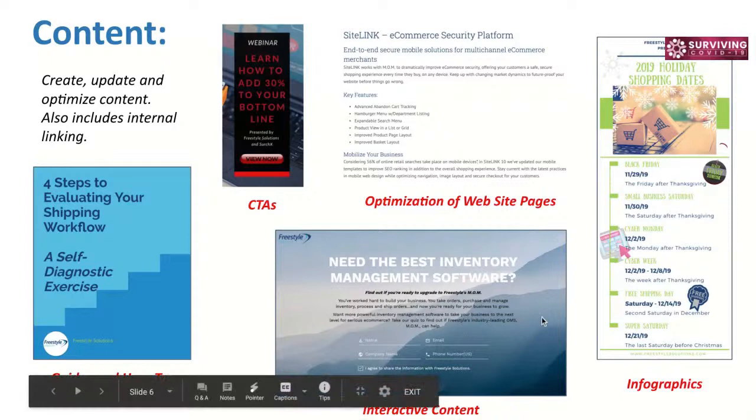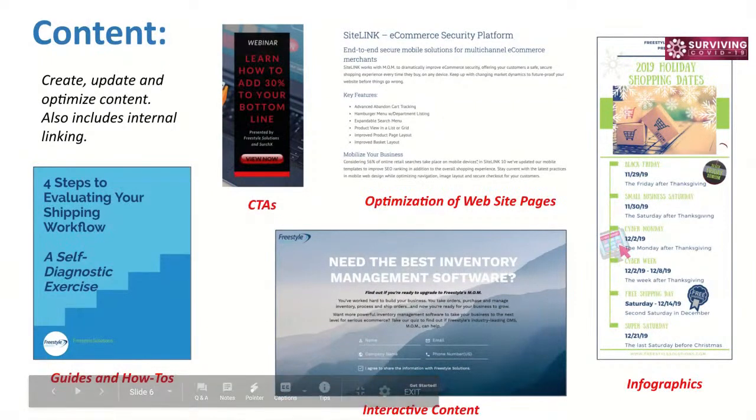Another thing that we recommended for this client is interactive content. So we created a quiz that people can get to on their homepage, and it's basically asking people if they're ready to upgrade their inventory management software. This particular client, Freestyle, their software is geared towards not just startups, but also companies that are really growing and really need a more serious inventory management system.